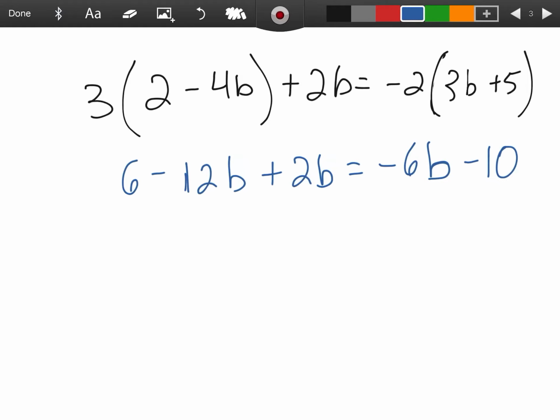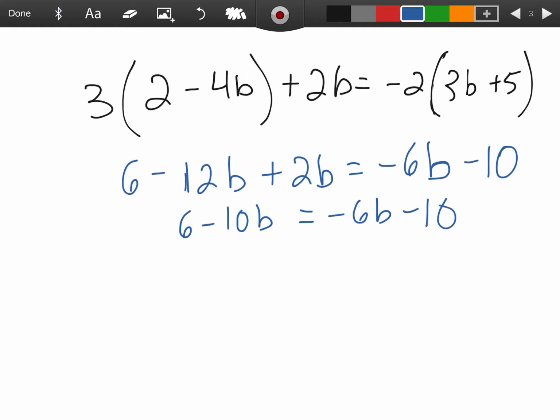All right, let's combine like terms. So I have a negative 12b plus 2b, which is a negative 10b, and that's equal to negative 6b minus 10. All right, let's get all of the b's on the same side.